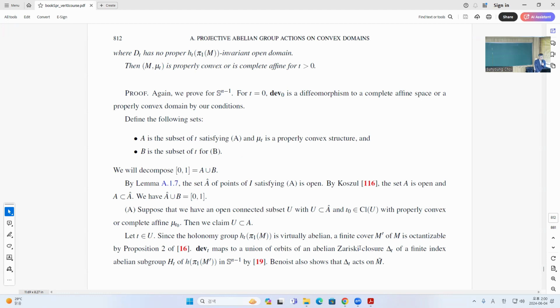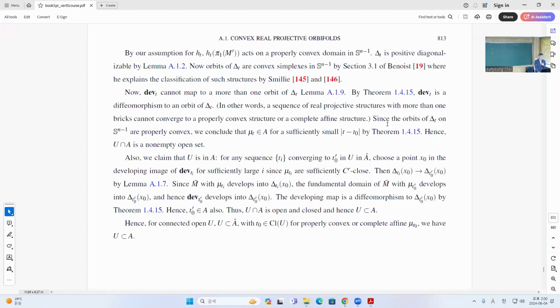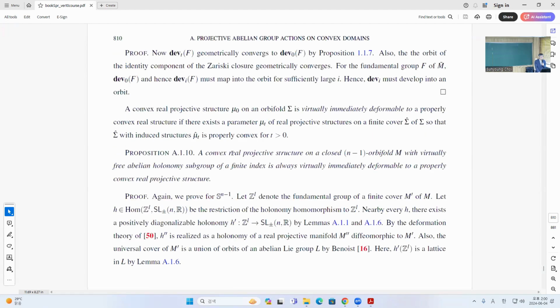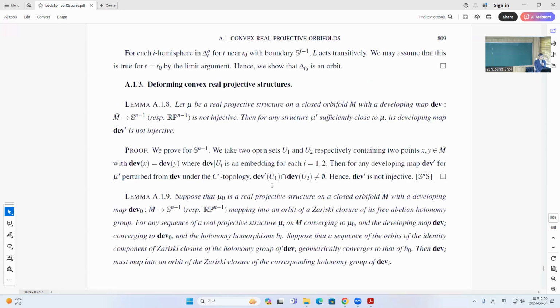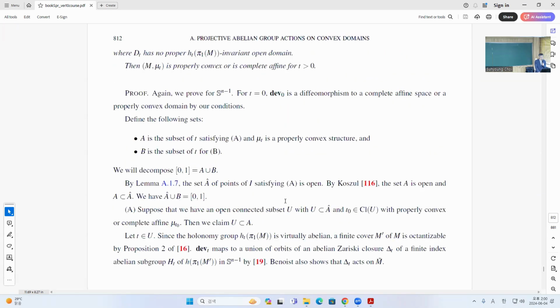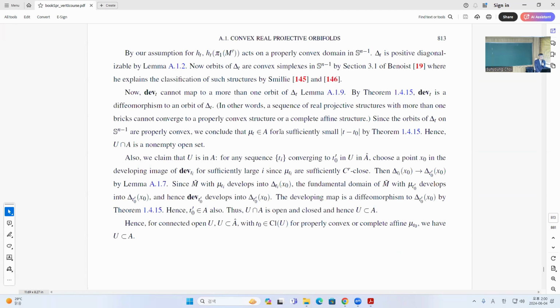If it's more than one orbit, then the previous argument will show that that cannot happen. So it always goes into one orbit, and the orbit converges. Okay, so that's the basic argument here.